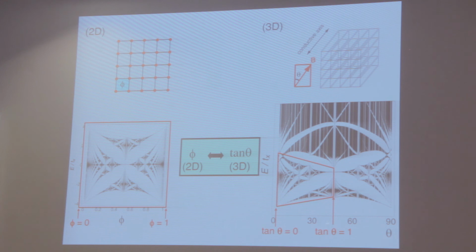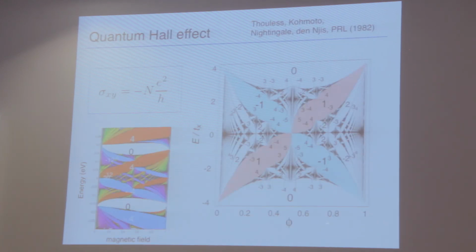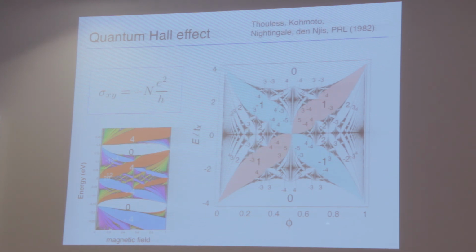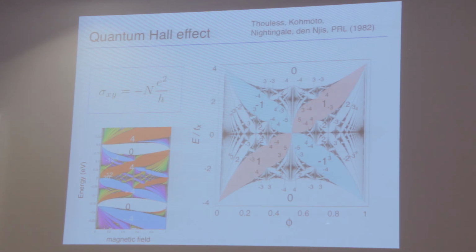So I have quantum Hall effect. Another interesting point of the Hofstadter butterfly is that they are related to the quantized number, the Chern number.